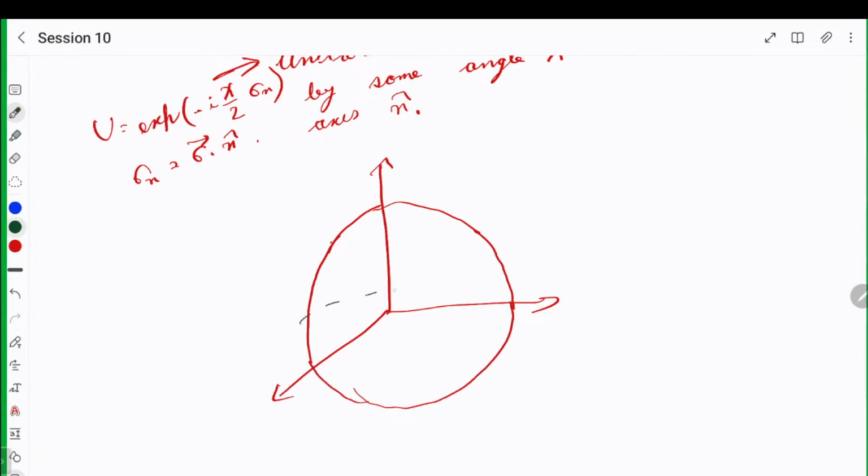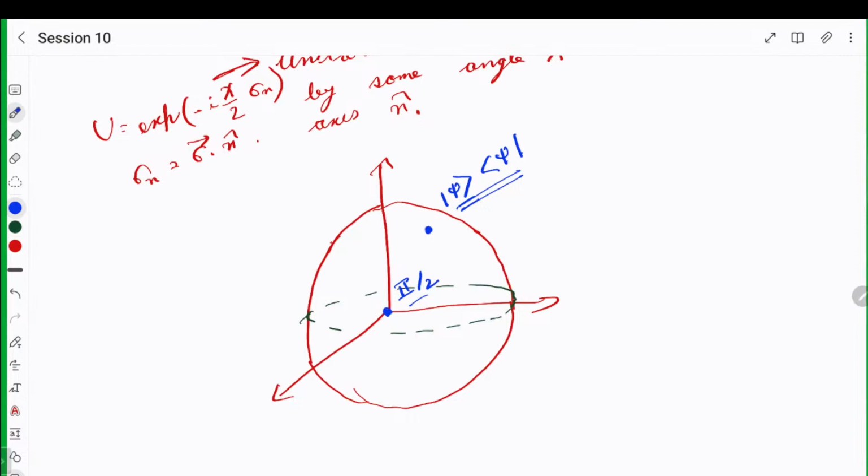The drawing is not that good, but okay. Let's say you want to go from this state psi, which is on the surface of the Bloch sphere, to I by 2. Psi is the density matrix corresponding to this. Do you think that psi and I by 2 are unitarily connected?